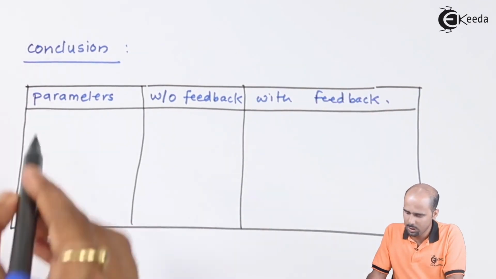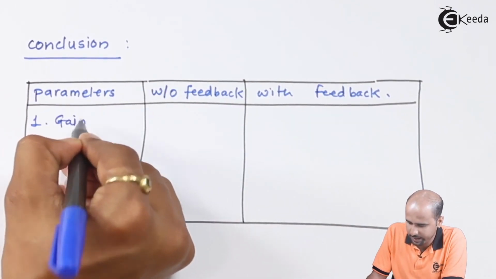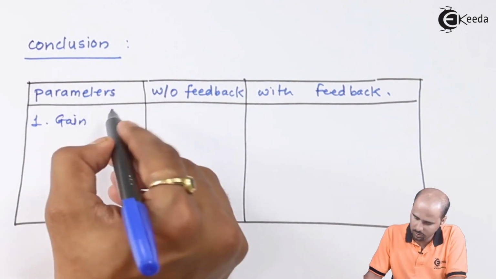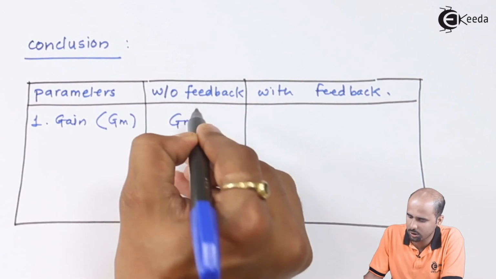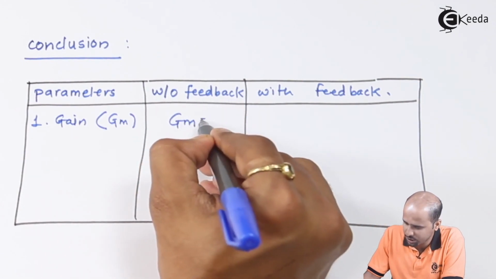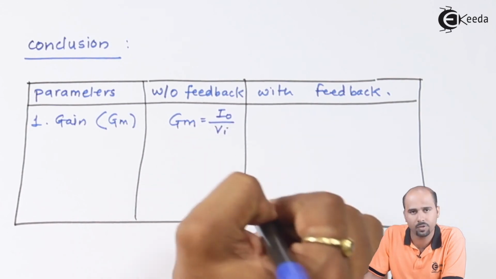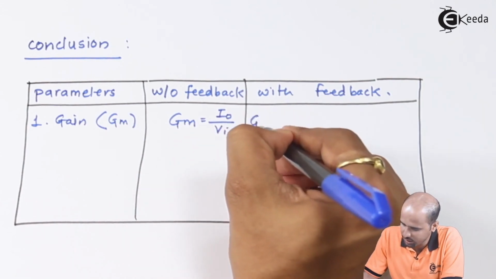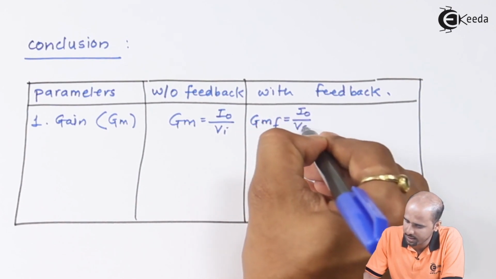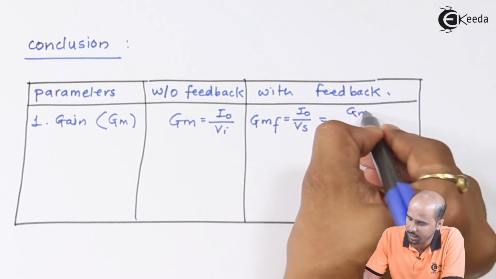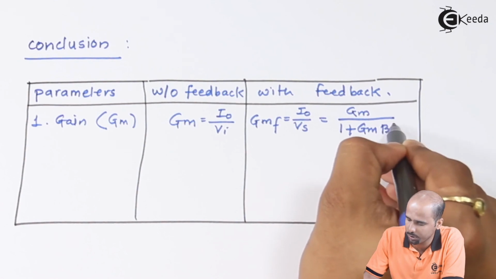The first parameter is gain, in the form of transconductance. We'll write it in the bracket as Gm. Here also the notation is Gm only, and that Gm is nothing but Io divided by Vi. Here we will be getting Gmf is nothing but Io divided by Vs, and that is nothing but Gm divided by 1 plus Gm into B.